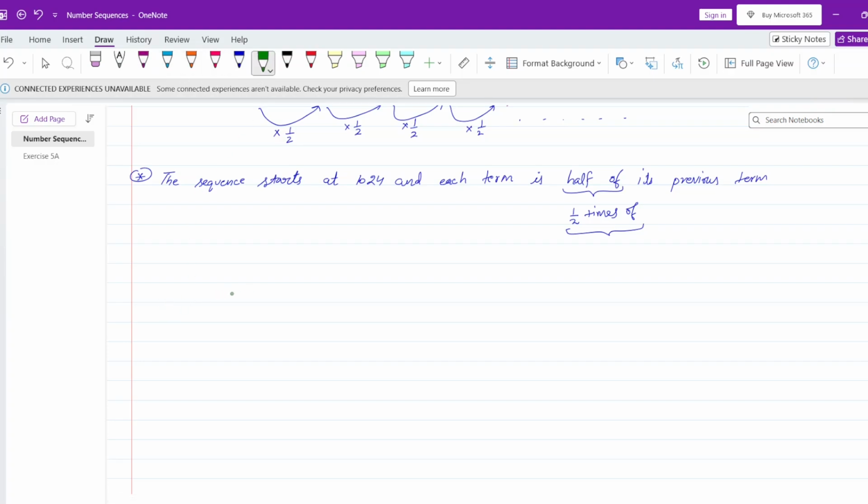If a formula, let's say 2n plus 1, is the formula for the nth term, and it is written in curly braces, this means this is a sequence, the nth term of which is given by this formula.